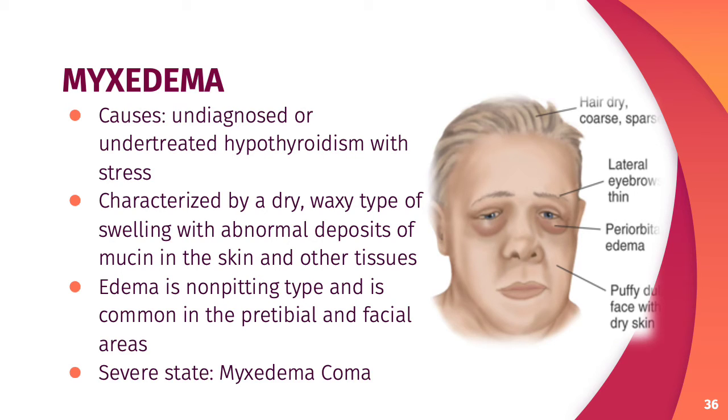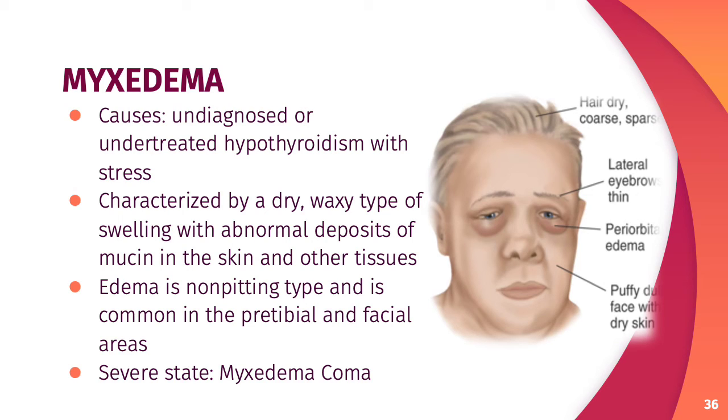Myxedema alters the physical appearance of the skin and subcutaneous tissue with puffiness, facial and periorbital edema, and a mask-like face. It is also characterized by a dry, waxy type of swelling with abnormal deposits of mucin in the skin and other tissues. You can have edema, which is a non-pitting type, and it's common, as I've mentioned, in the pretibial and facial areas.